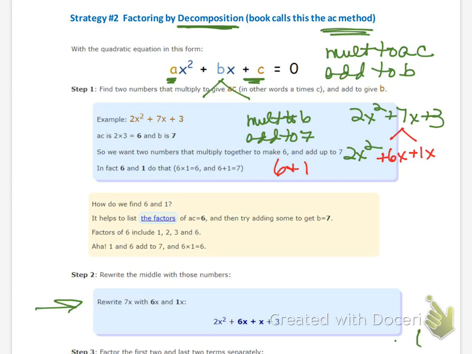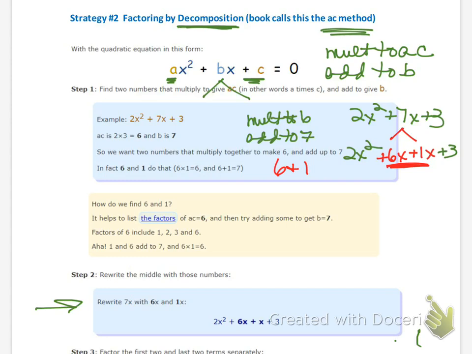And then you still have your plus 3. So here was our decomposition. Do you see how I didn't change anything? Because if I add those two together, I'll get the 7x back. So I haven't changed my quadratic at all. I've only changed the way it looks.